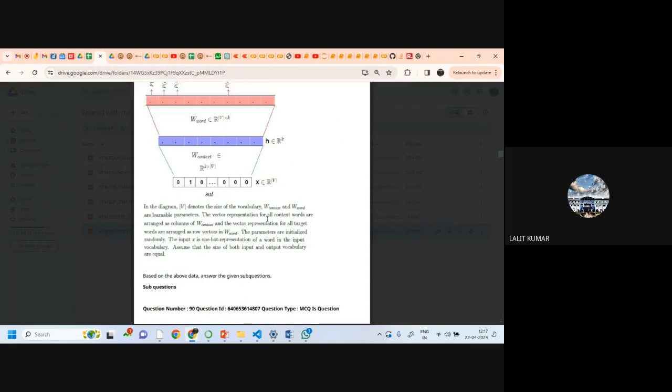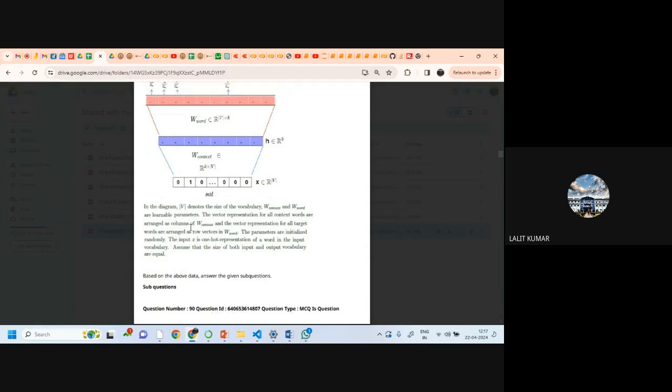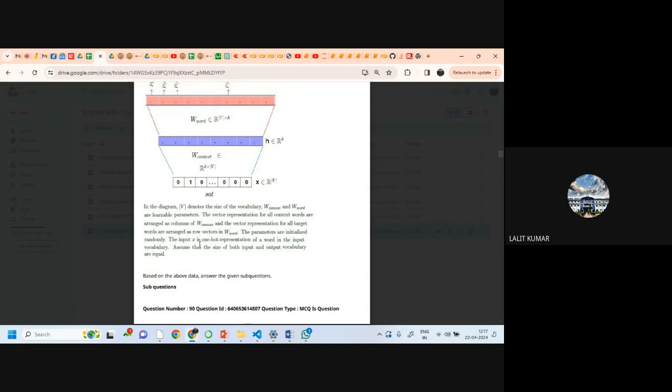The vector representation for all context words are arranged as columns of W context and the vector representation for all the target words are arranged as row vectors in the W word. The parameters are initialized randomly. The input X is one hot representation of a word in the input vocabulary. Assume that the size of both input and output vocabulary are equal.